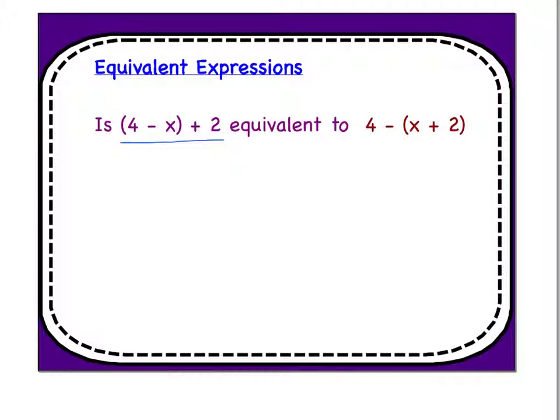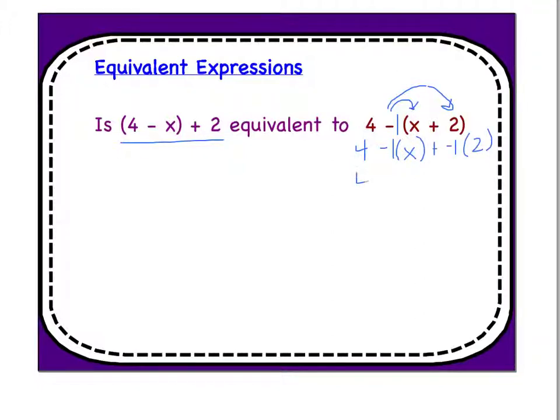When you see this minus sign outside of parentheses, we can remember the distributive property. It's as if you're distributing a negative 1 to everything inside. So it would be 4, and then the negative 1 shakes hands with the x, and then the negative 1 shakes hands with the 2.